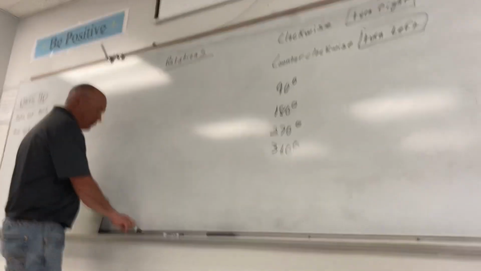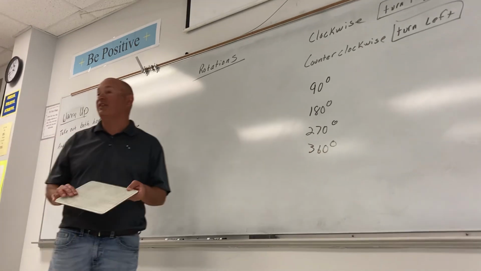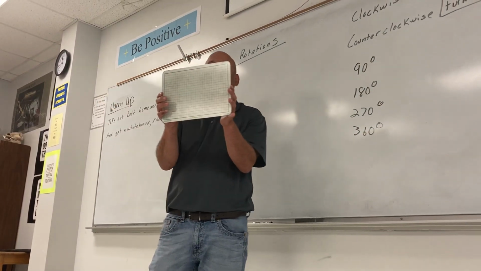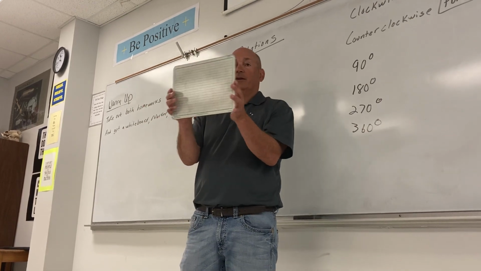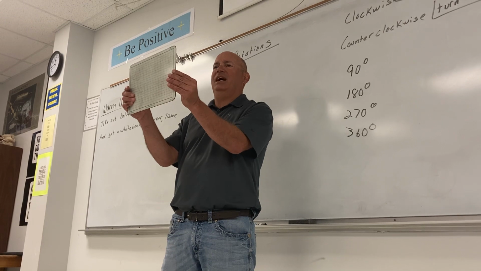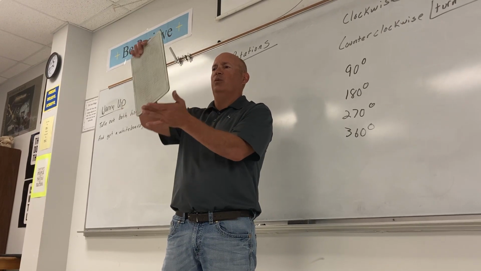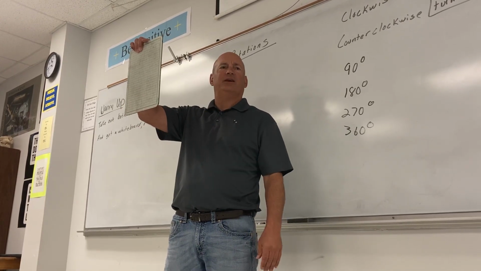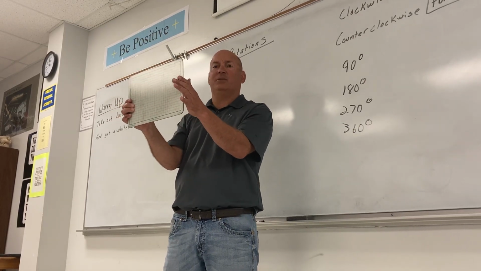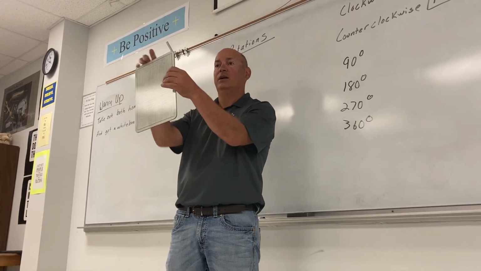Now here is where the whiteboard is about to become very handy. Are you with me? Everybody look up here. If I want to rotate something 90 degrees, I just turn it one time. There's a 90-degree rotation. Are you with me? If I want to turn something 180 degrees, I'm going to turn it two times. 1, 2.